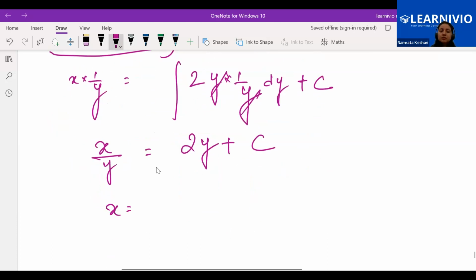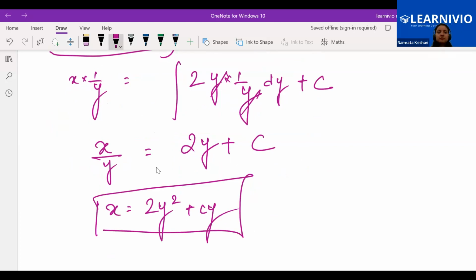Is it x equal to 2y squared plus cy? Is it so, Murtaza? Yes, ma'am.